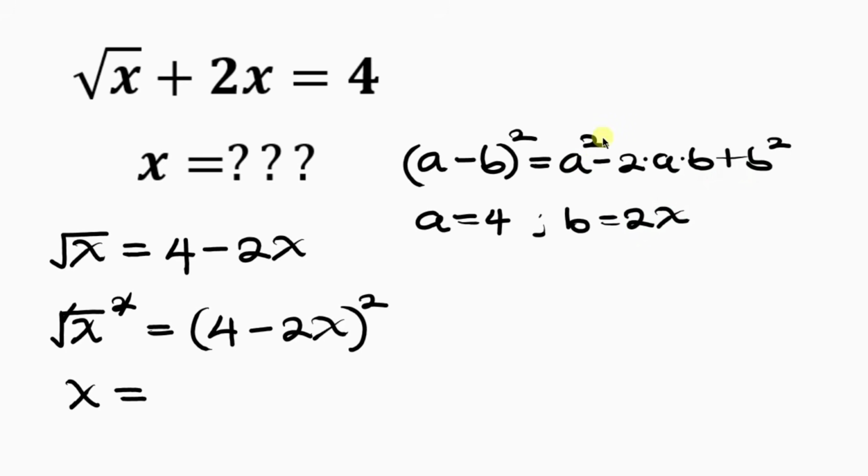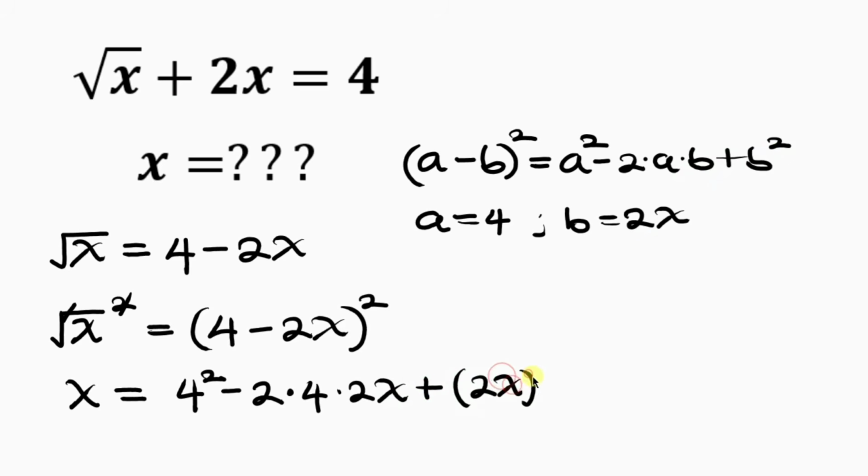Now let's get this. So we have a squared. a is 4, so that will be 4 squared minus 2 times a times b. So 2 times a is 4, times b is 2x, and then we have plus b squared. And what is our b? Our b is 2x, so that will be 2x squared.